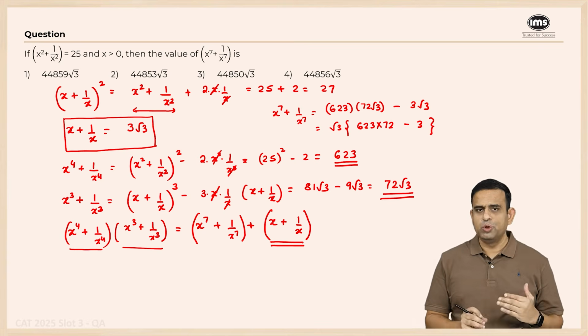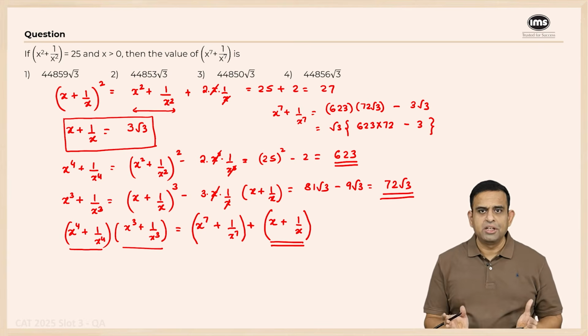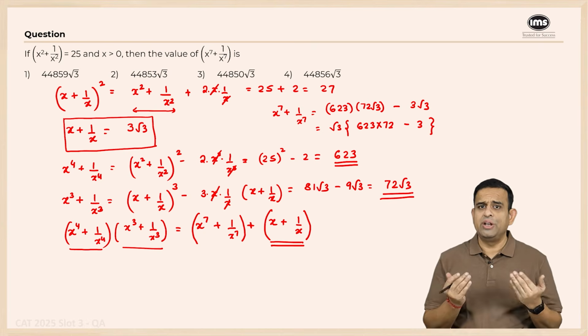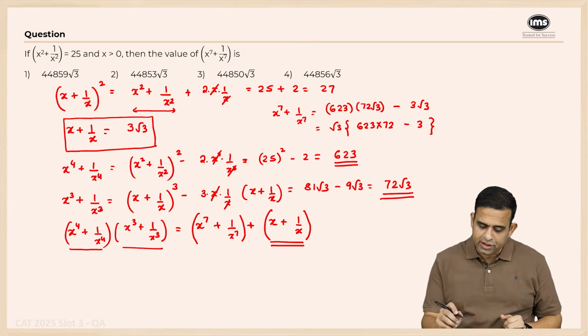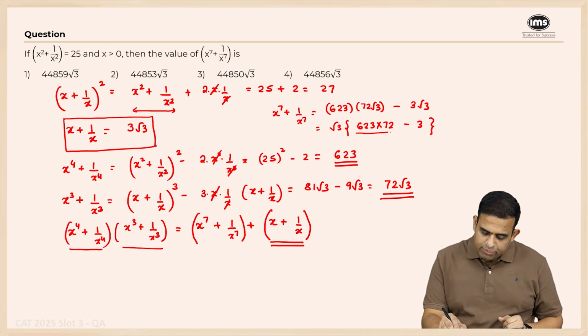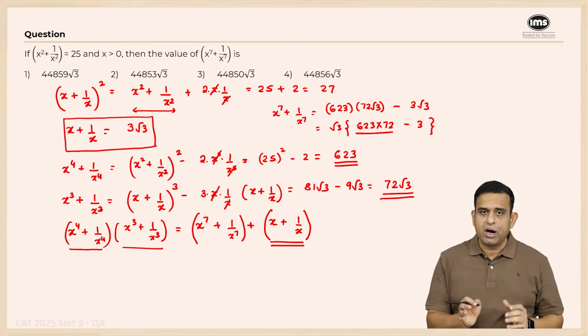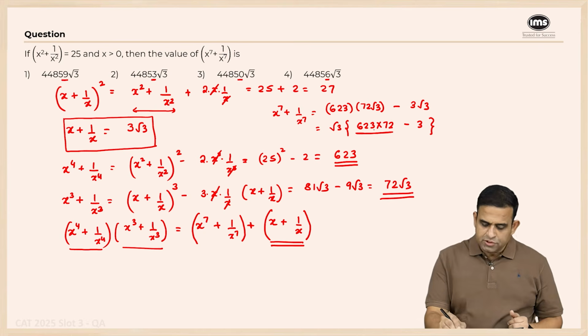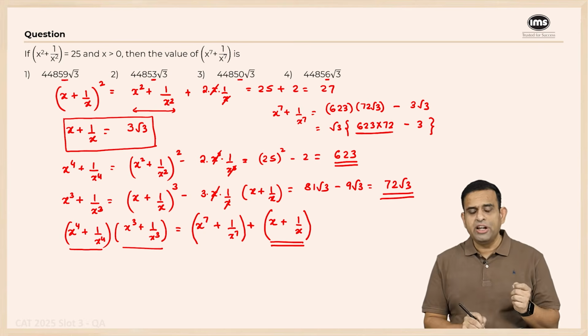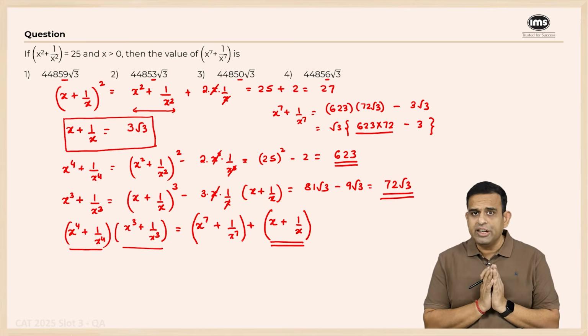Now, this might seem to be a long calculation. At this particular point of time, people can tend to take the help of a calculator. But if I do a bit of smart work over here, I can focus on the remaining part except the root 3 term, and look at the last digit. If you see, 623 into 72 when multiplied will give you 6 in the end.